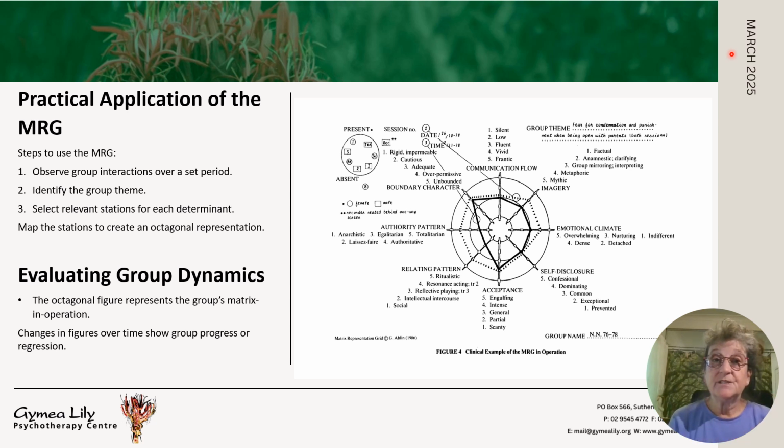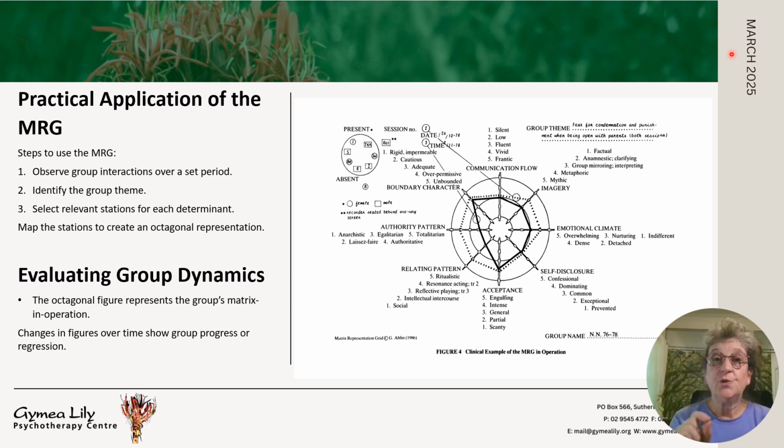What you've got here as group theme is fear of condemnation, excuse the spelling error, and punishment when being open with parents. And that was there for both sessions. So the group theme, or the group focal conflict theme, is interpreted and formulated by the group therapist.